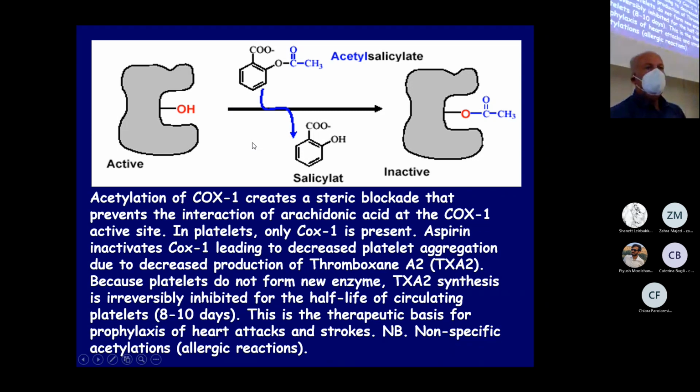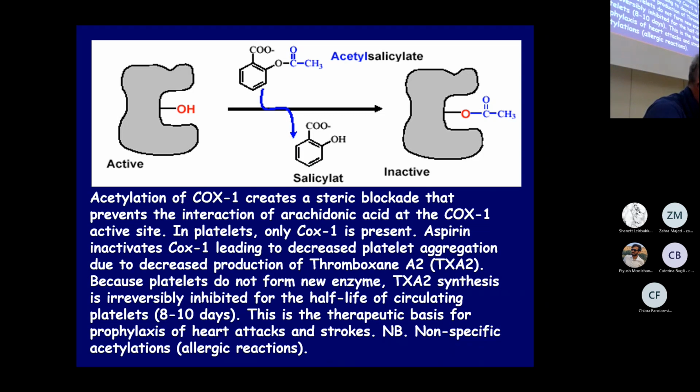Okay, you see here in the picture what I have already described, the ability of acetylsalicylic acid to acetylate the OH group of serine. In particular, in platelets, there is an important effect of cardioaspirin.